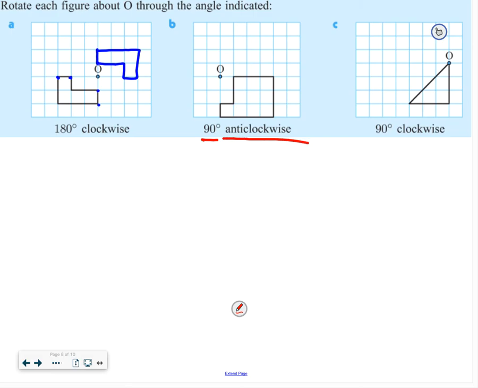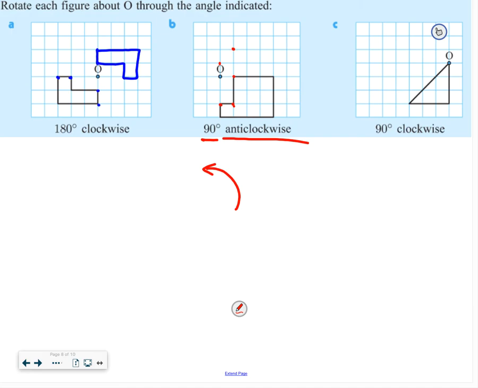Now 90 degrees anti-clockwise. I'm going to think about some key points and then see if I can complete this shape. If I go anti-clockwise, I'm rotating this way around. If I move this point 90 degrees, I'm going to go up here. If I rotate this 90 degrees, notice it's a diagonal 2 away, so this new point is going to be 2 away there.